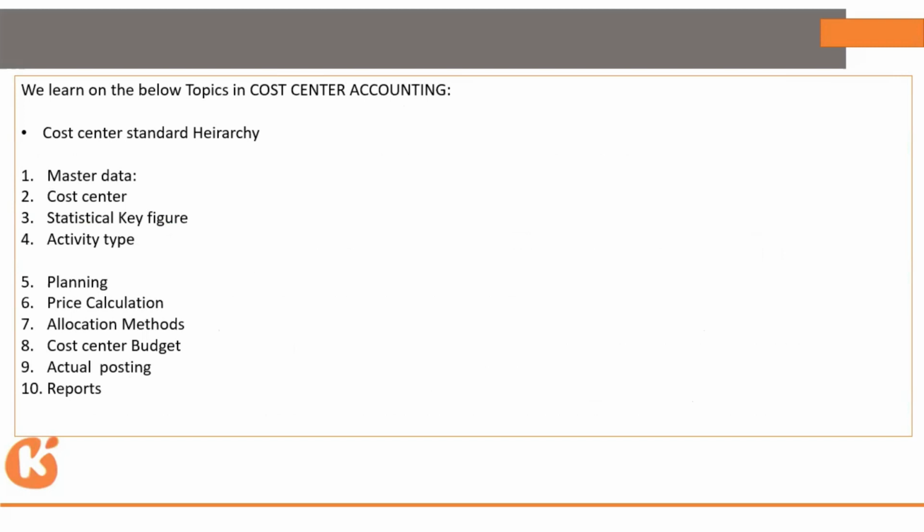So we create the cost center standard hierarchy first, and following that we create the cost center master data. Then we have to create the statistical key figure and the activity type master data. After this, we'll go with cost center planning, price calculations, allocation methods, cost center budget, actual postings, and reports.